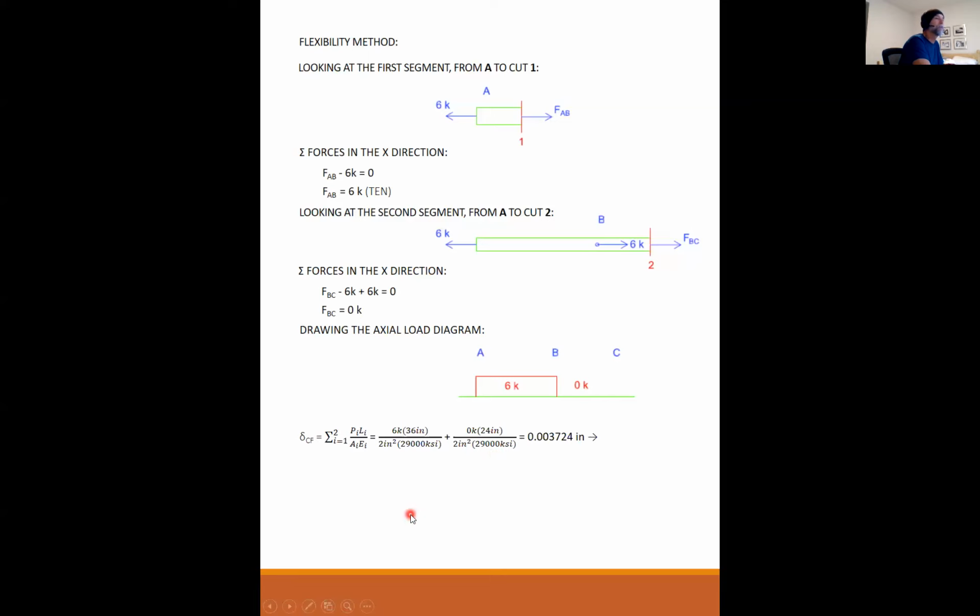And that gives me a real number, 0.003724 inches. So again, remember what we're doing. If C was released, then under a 6 kip load, node C would stretch out by 3.7 thousandths of an inch.